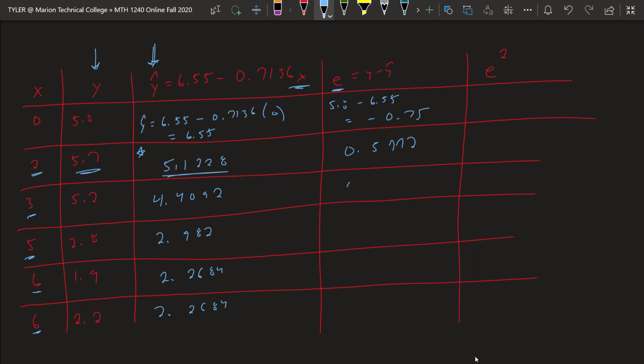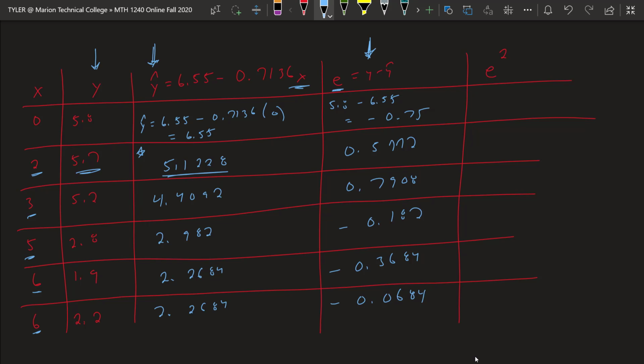The next one would be 0.7908, and then negative 0.182, and then negative 0.3684, and then negative 0.0684. Right? And then for the last column, we're just going to take these values and square them.